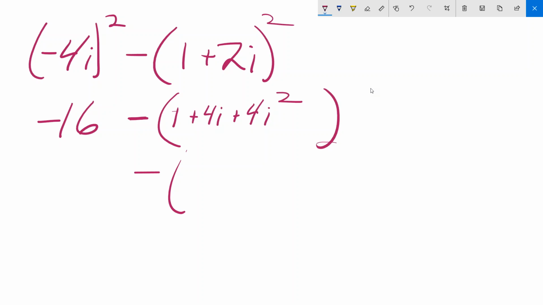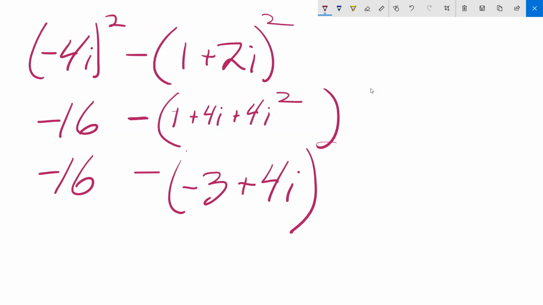And now combine the real parts. Negative 3 plus 4i. Okay. And all of that is being subtracted from a negative 16, like that.